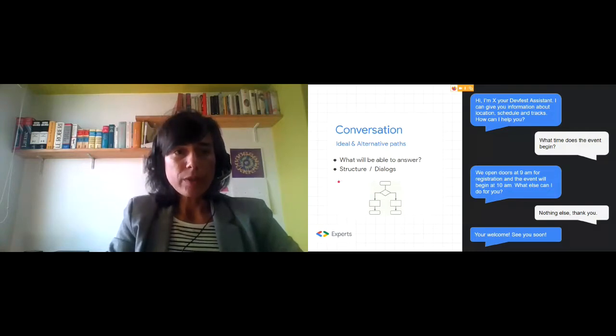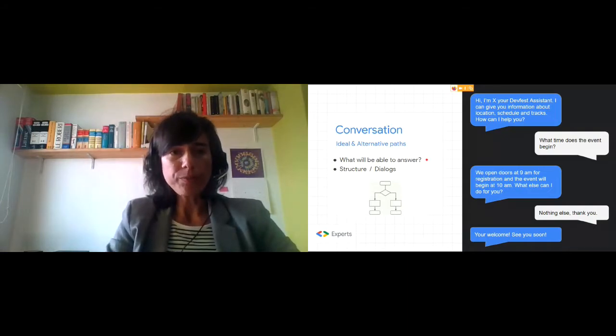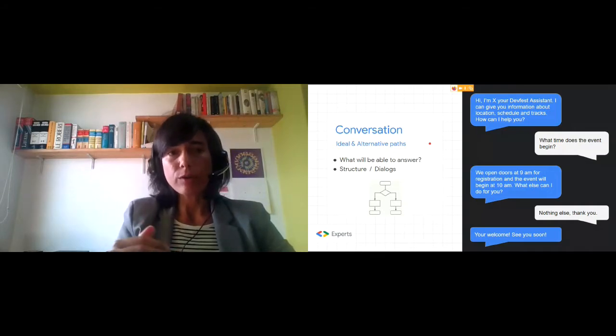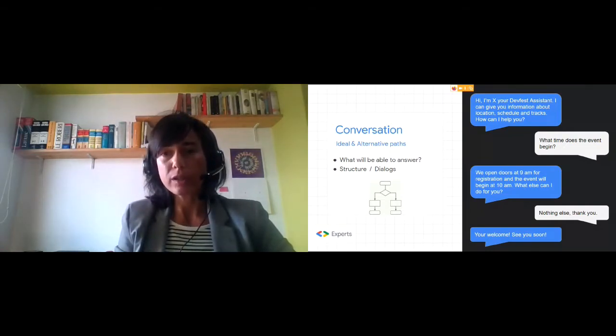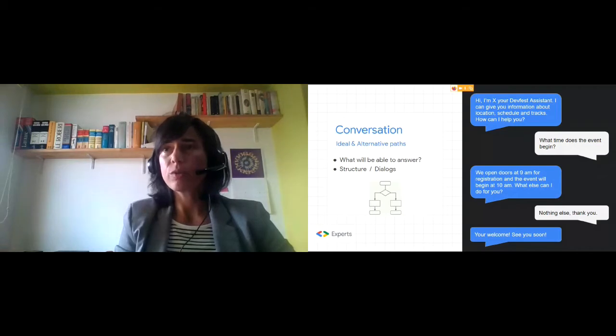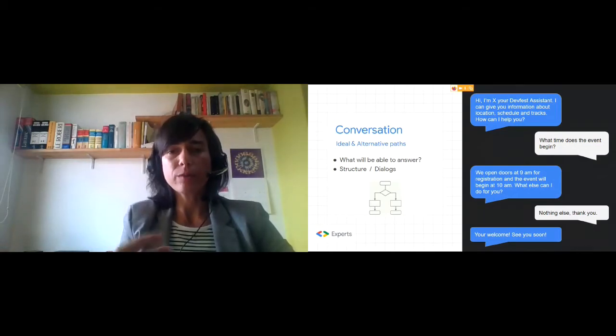So we have to define the reach well, and then design the structure of all the dialogues. We usually start with the ideal path, and then design all the alternative paths, because the user does not always say what we are expecting. So we have to think far ahead and think what else he or she could say at any time.